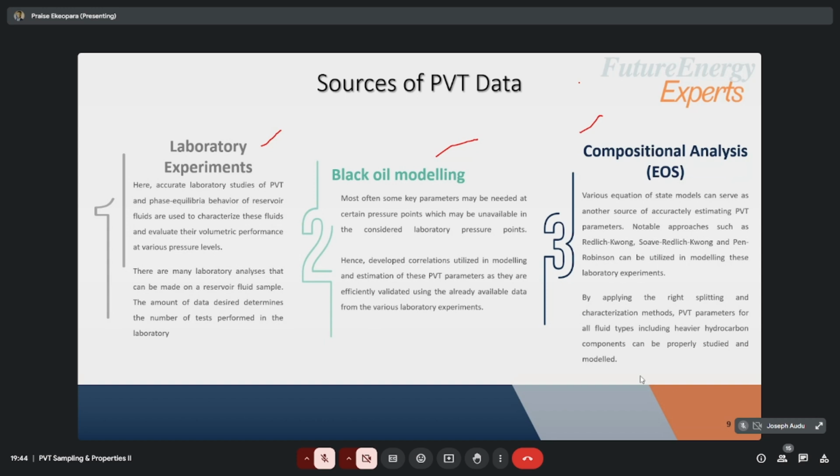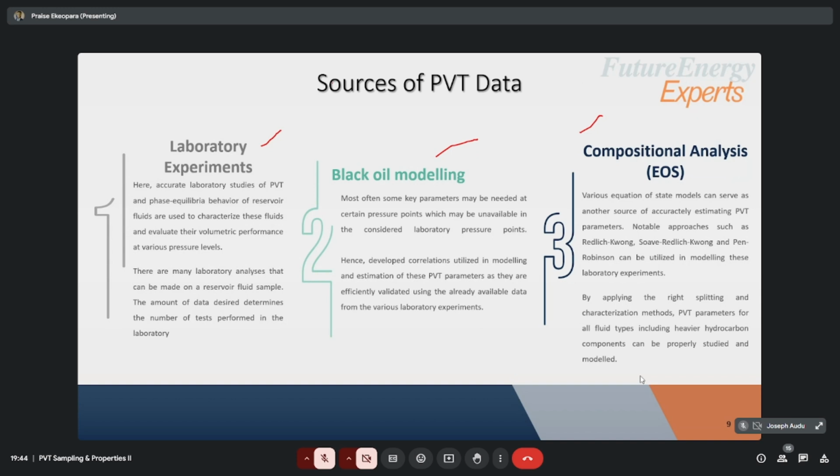What we are doing is just like in maths, where there's something we call interpolation. When you have a point A and a point C, and you need to get the point in between them, which is point B, you can do interpolation, right? With respect to the offset wells, you can do interpolation.